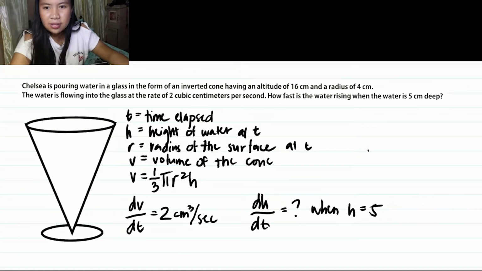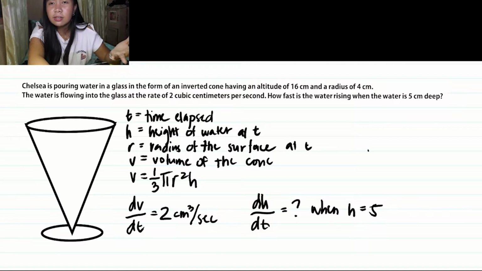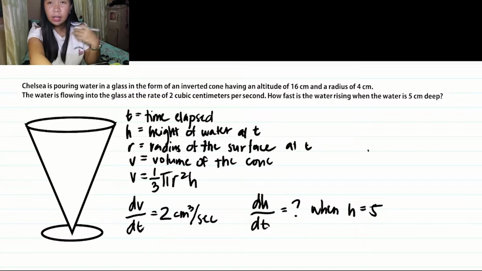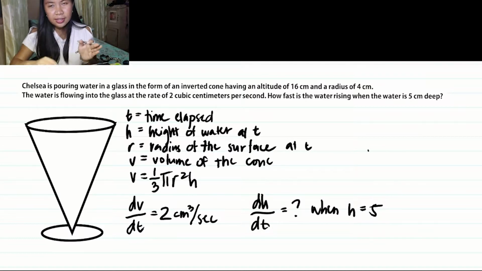To express R in terms of H, we will go back to our past lessons about similar triangles. Why similar triangles? If you look closely at the figure, we can actually form two right triangles.